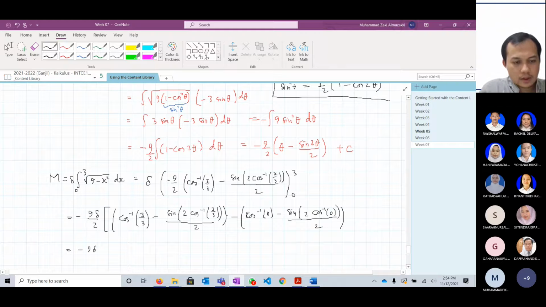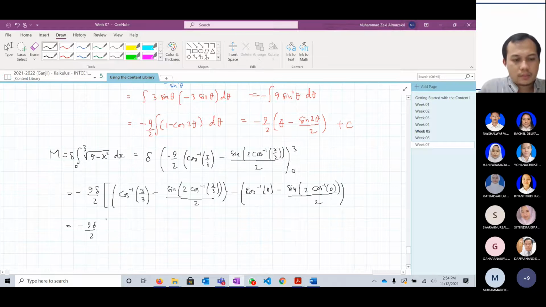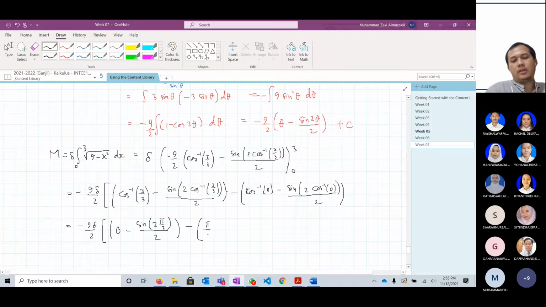Here we have minus 9 delta over 2 multiplied by cosine inverse of 1, which is 0, minus sine of 2 times cosine inverse of 1, minus cosine inverse of 0 which is pi over 2, minus sine of 2 times pi over 2 divided by 2.